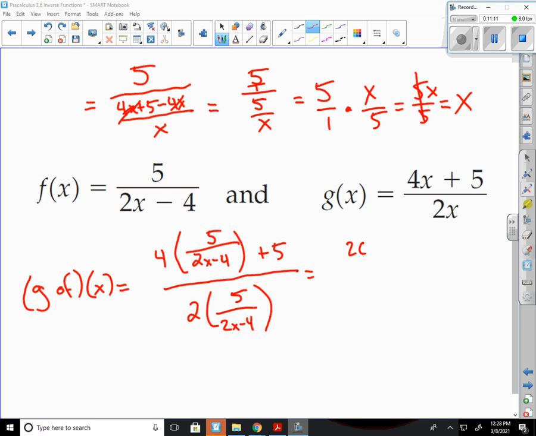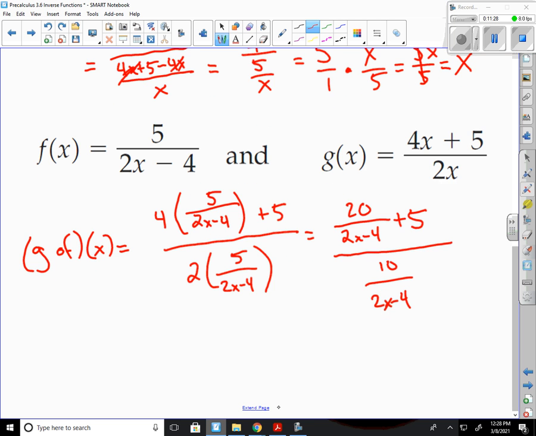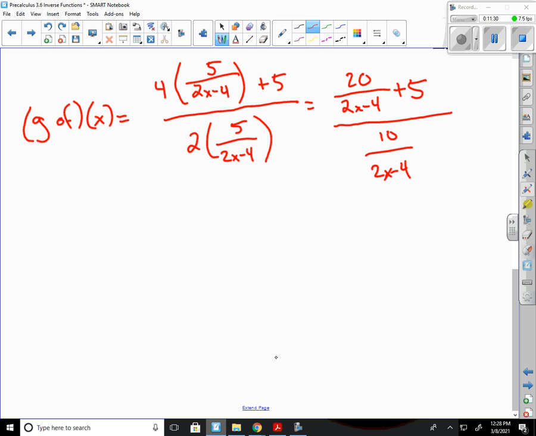So that's going to give me 20 over 2x minus 4 plus 5 over, and now I'm going to distribute the 2. 10 over 2x minus 4. Now on the top, I have to have a common denominator. So I need this 5 to have 2x minus 4 as its denominator.